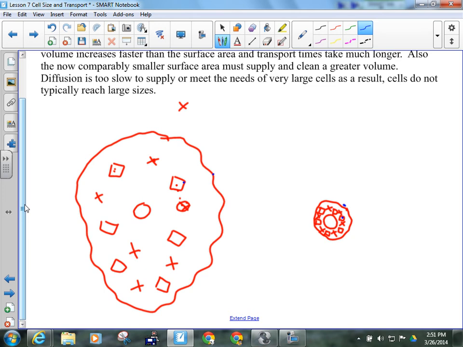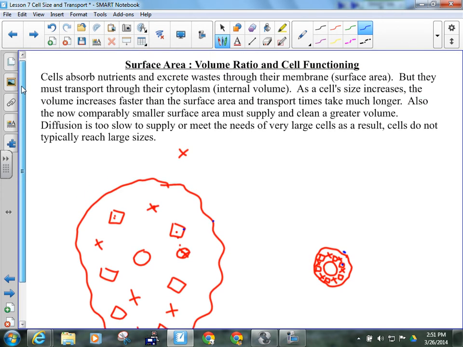Everyone follow me there? That's the problem for a cell. It gets so big that the interior volume it's got to feed and transport through becomes too big for the surface area it has to supply it. Everyone follow me on that one? Quickly write this down because you don't have this anywhere in your notes, and you're going to want it.